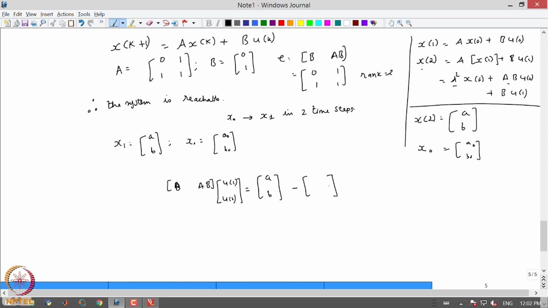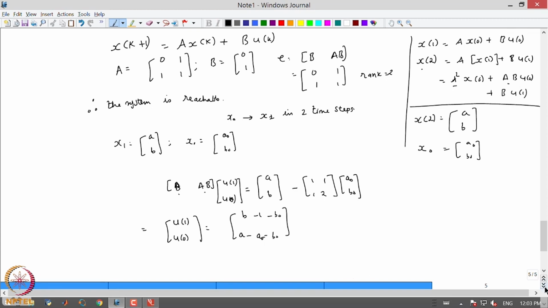What is A squared? A squared is [1 1; 1 2]. What is x naught? That is (a naught, b naught). Okay. So, I know these two, therefore, I can compute my u, u1, u naught, simply as (b minus a naught minus b naught, a minus a naught minus b naught).